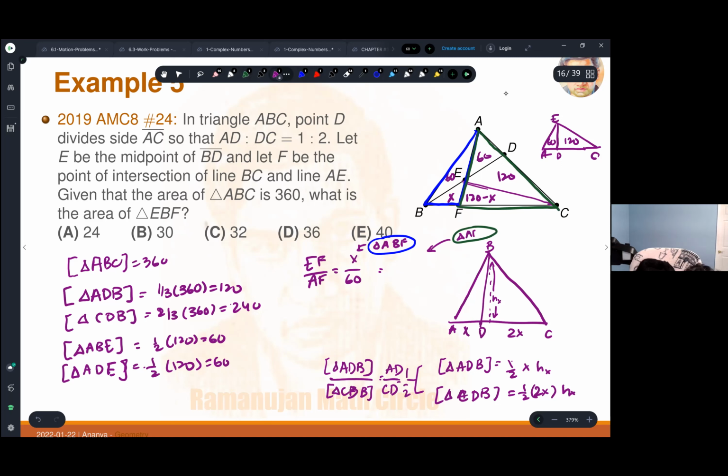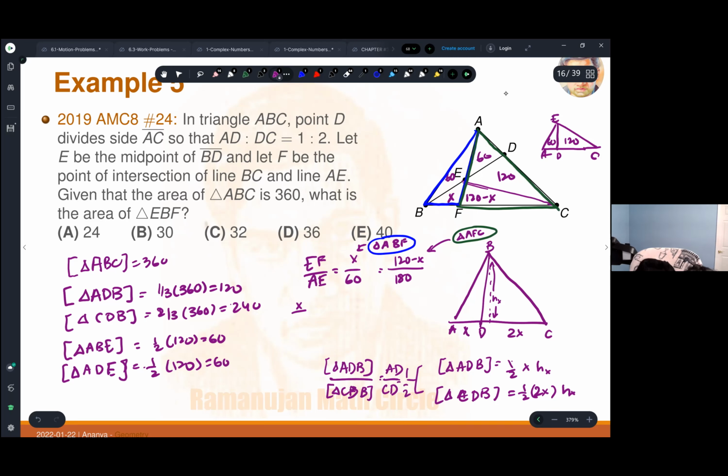Triangle AFC. Okay. So this one would be 180 on the bottom. Yeah. This would be an E actually, because we're just looking at the side, sorry. So 180 and this one would be 120 minus x.